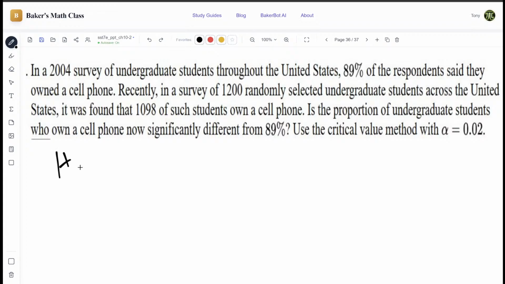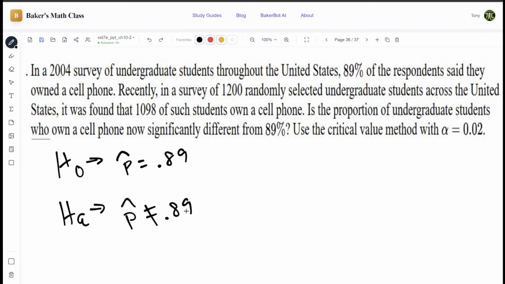So, null hypothesis is what? Is equal to 0.89. Alternate hypothesis is not equal, because it's different from. And my alpha is 0.02.